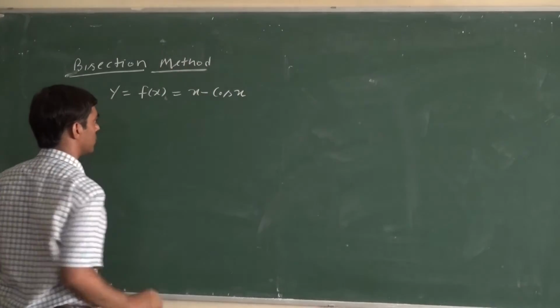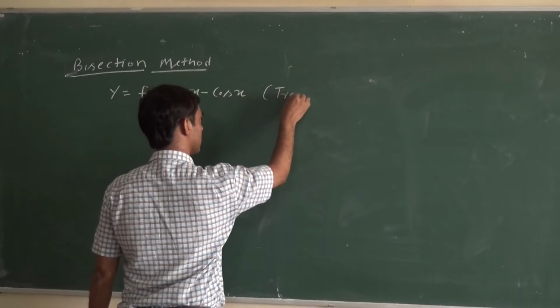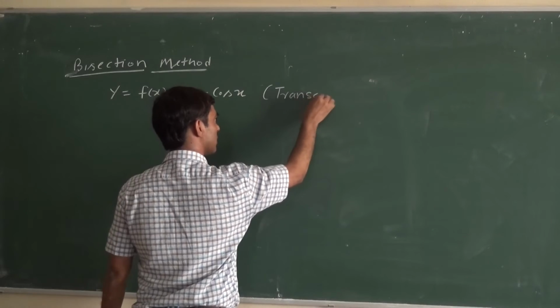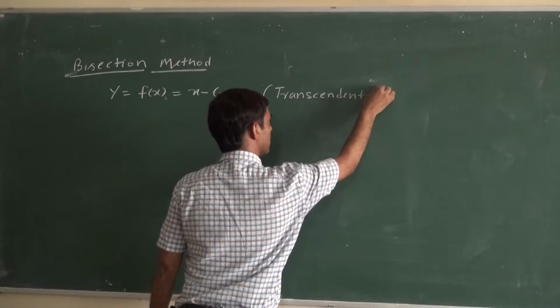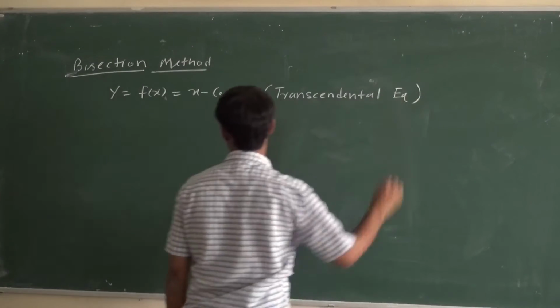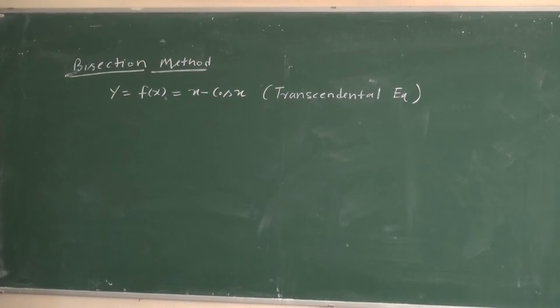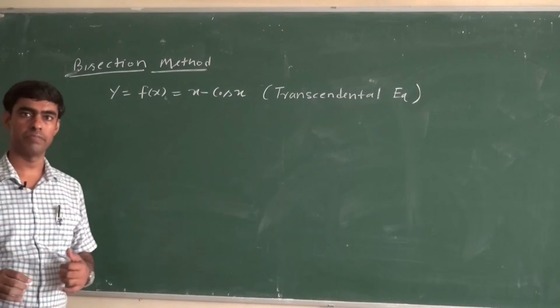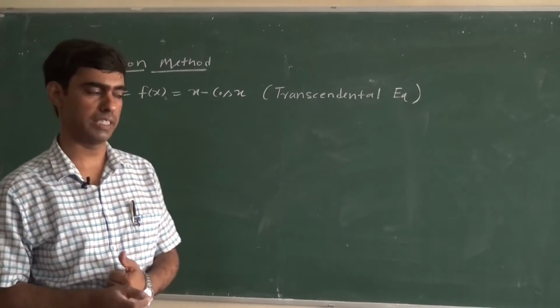Obviously this is a transcendental equation, because there is an involvement of a special function. So what is the procedure? First of all, we find a value where the function is positive, and another value where the function is negative.